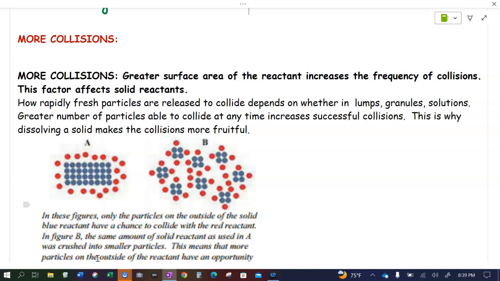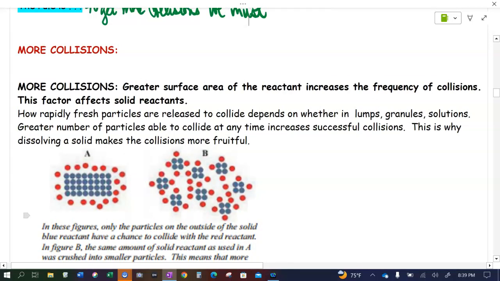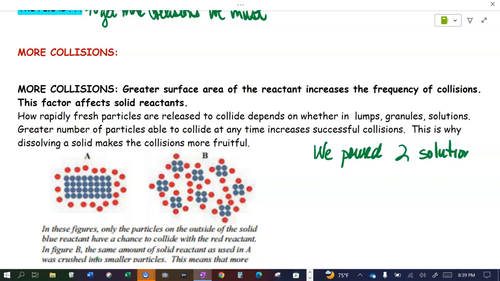We said that it was clear to us that it was the precipitation reactions that were so fast that we put in solution. All right, so let's put that. We poured two solutions of ions together.